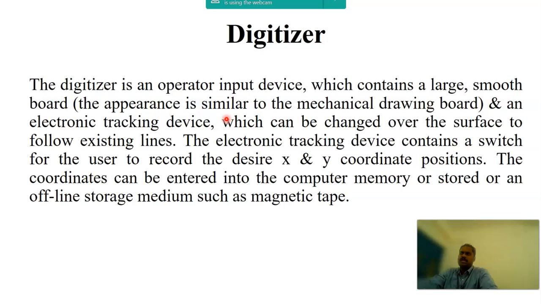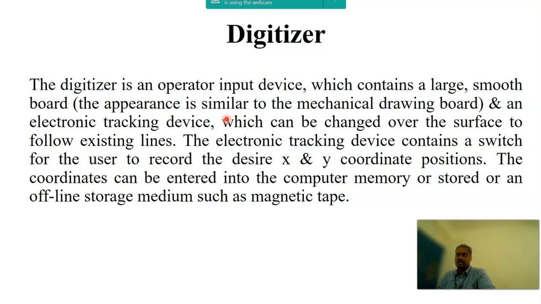So next is the digitizer. A common device, the digitizer is an operator input device which contains a large smooth board similar to a mechanical drawing board, and an electronic tracking device which can be moved over the surface to follow existing lines.